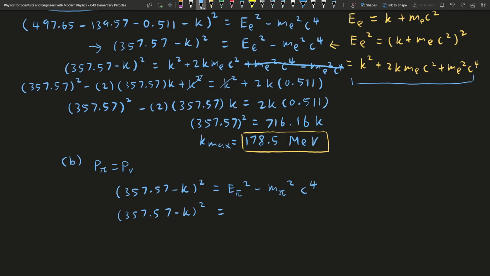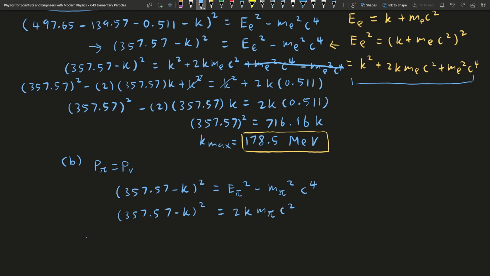We just have to convert this to be the mass of the pion, so this is 2K m_pion c².